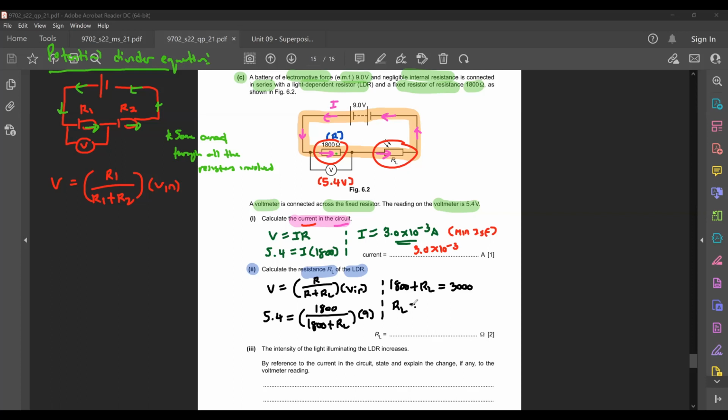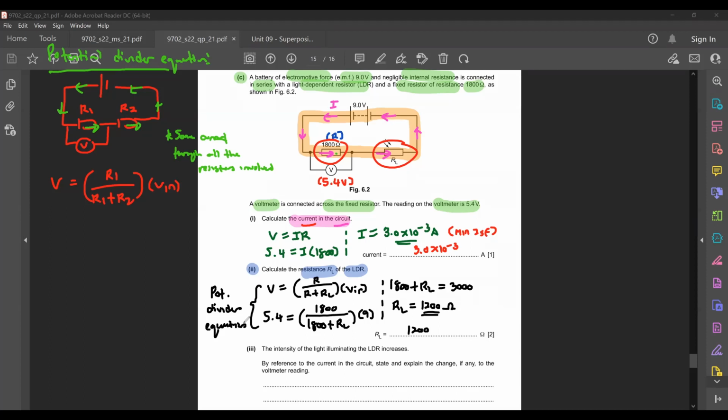So RL would therefore be 1200 ohm. That's my answer. So this one is using the potential divider equation.